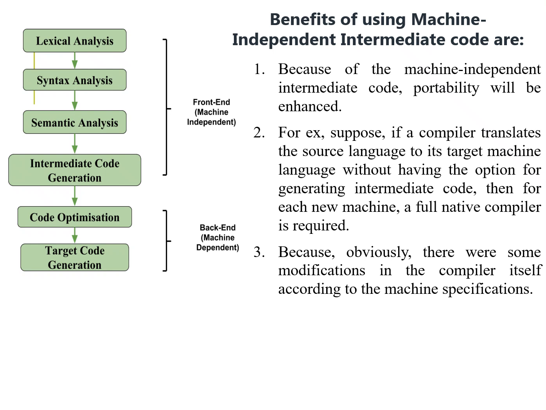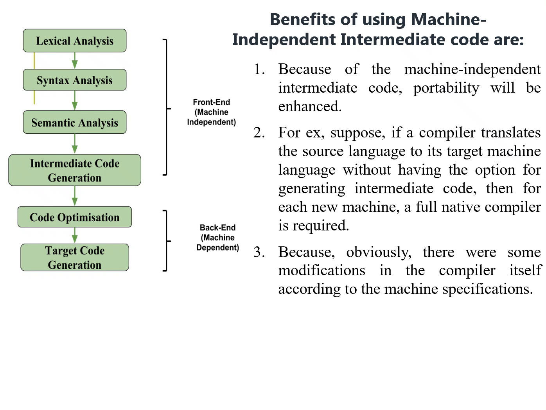It is not generating any intermediate code. Because it is generating target code, it is possible to execute that code only on that machine. If I take my Java program and try to execute it on some other machine, then that machine won't be able to execute your target code. Hence, we will have to develop a new compiler for that new machine.